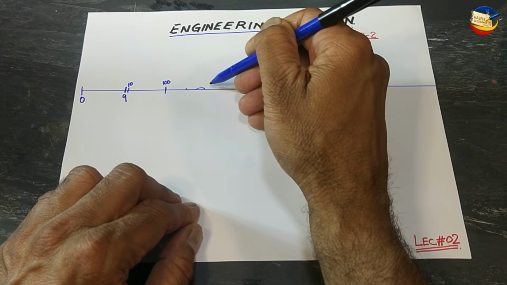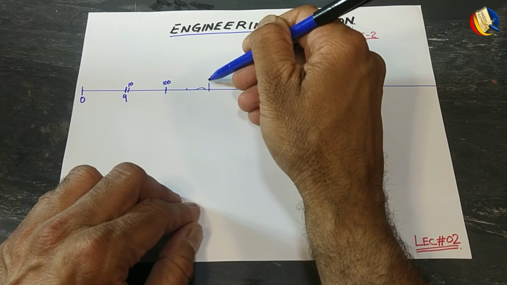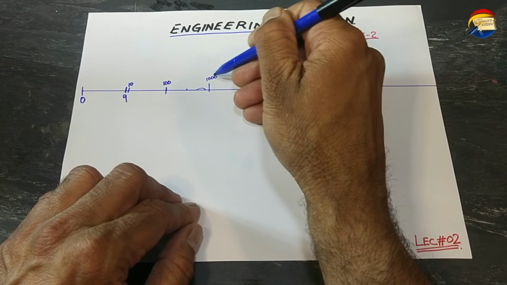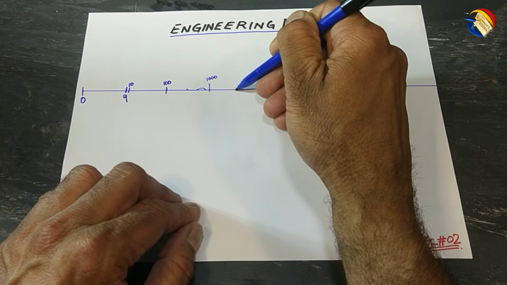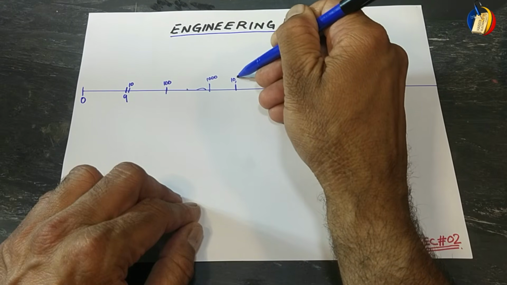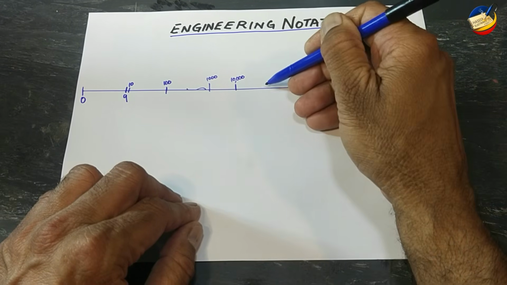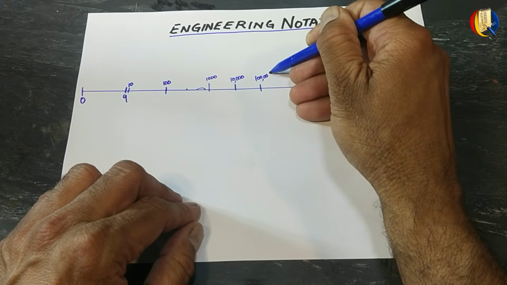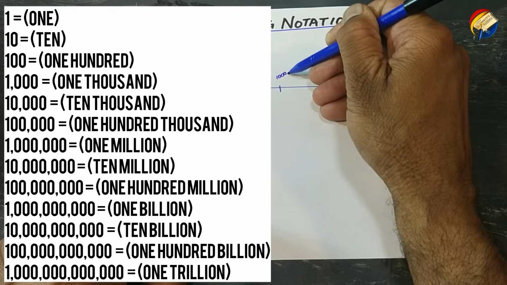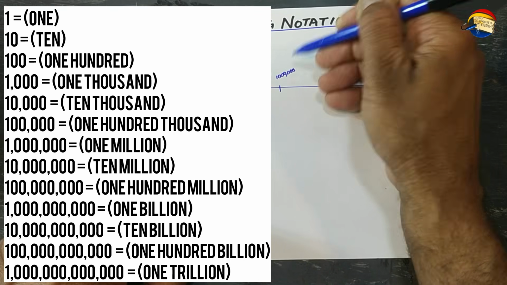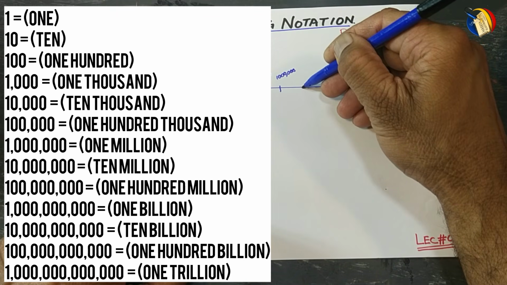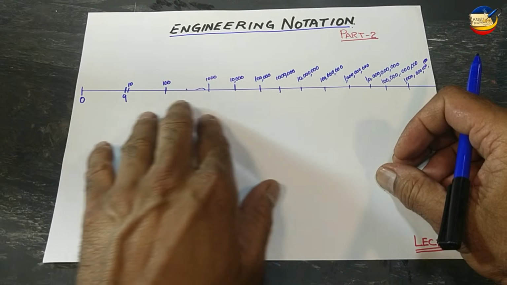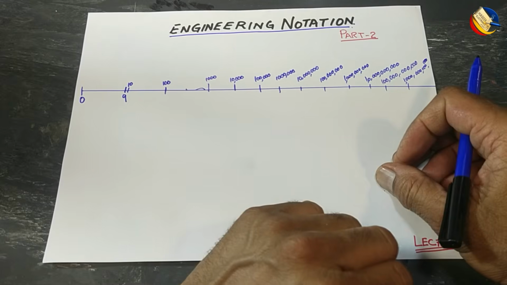From 100 to 999 we have hundreds, then 1000, then 10,000, 100,000, 1 million. This is decimal notation.